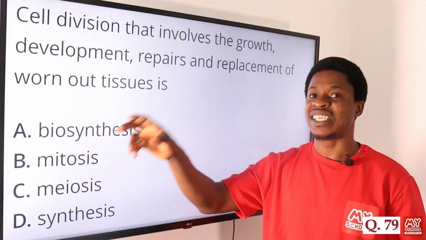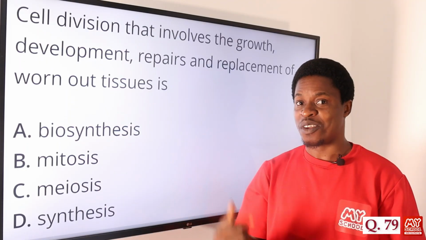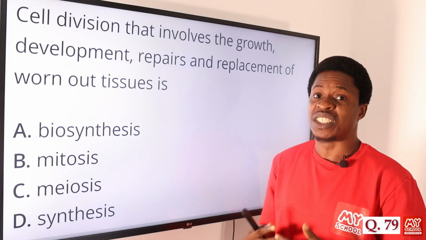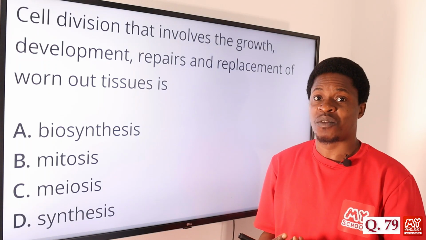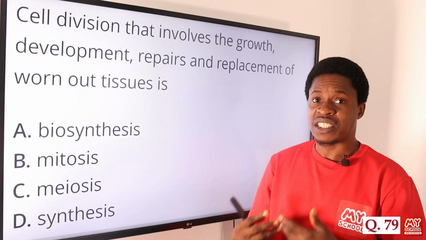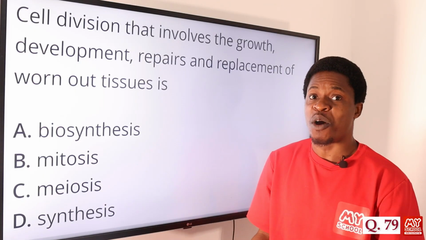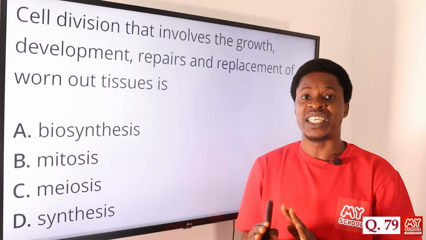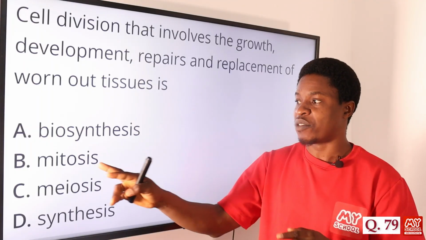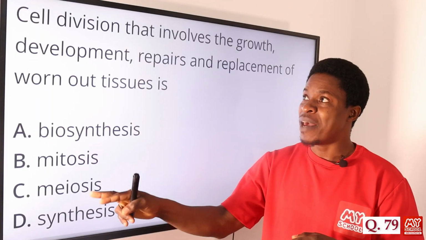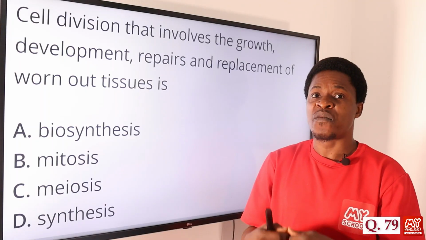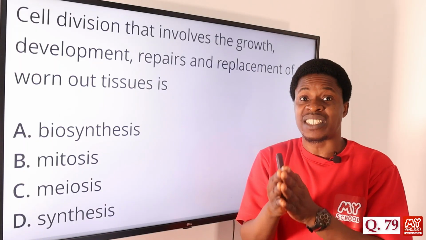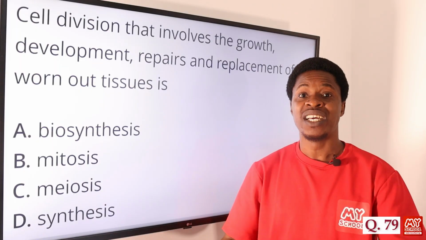Now, mitosis is a cell division, like I said earlier in one of the questions, that regulates the growth, that is responsible for development of body cells, what we call the somatic cells. It's also responsible for the repair and replacement of the worn-out tissues in the body of a living organism. It is mitosis that is responsible. For meiosis, meiosis is the cell division that involves the production of the sex cells, or what we call the gametes.